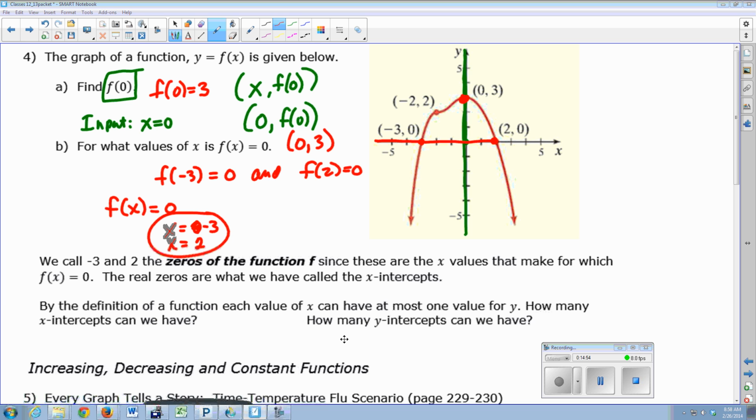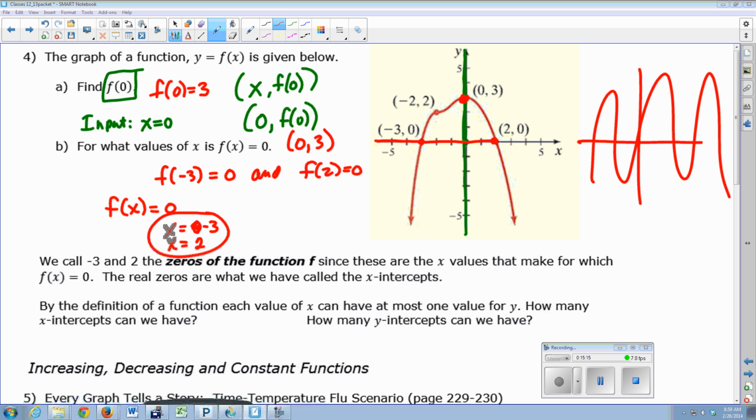So how many x-intercepts could we have if we have a function? How many x-intercepts could we have? If I drew any function up there, how many x-intercepts? Not this particular one, but any function I could draw. Let's see, how about if I drew something like this?